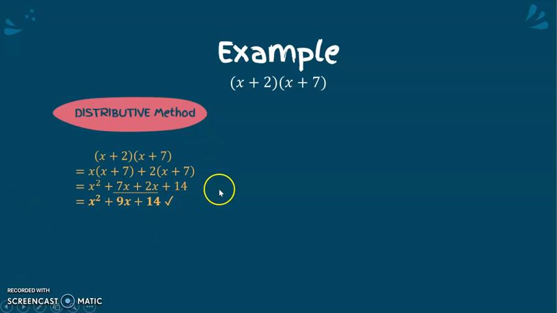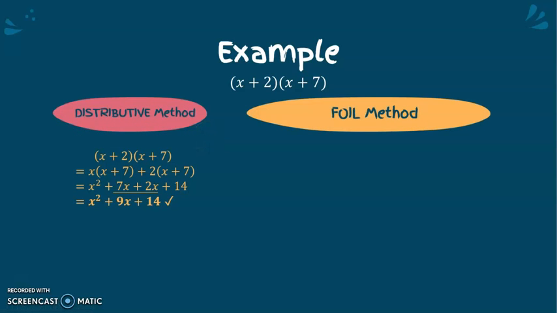This method, we call it distributive. Next, this time, the FOIL method. Let me write again our given example: the quantity of x plus 2 times the quantity of x plus 7. Here, FOIL means first, outer, inner, and last.